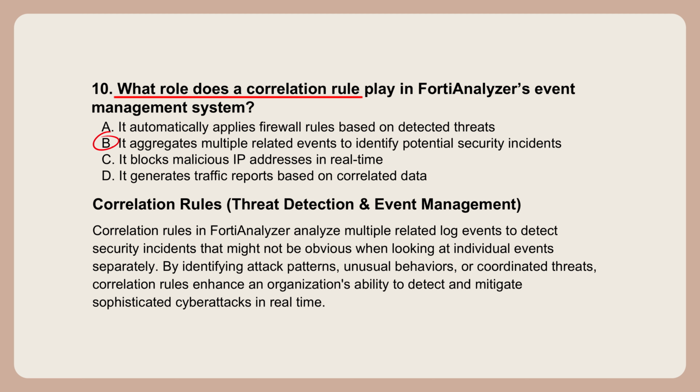So let's say a certain number of failed logins, followed by a successful login from a weird location. That sounds suspicious. That would trigger a correlation rule, indicating a potential incident. So by looking for specific patterns and sequences across events, they help identify those complex attacks, coordinated campaigns that might otherwise go unnoticed. That's so important. It's like finding needles in the haystack.